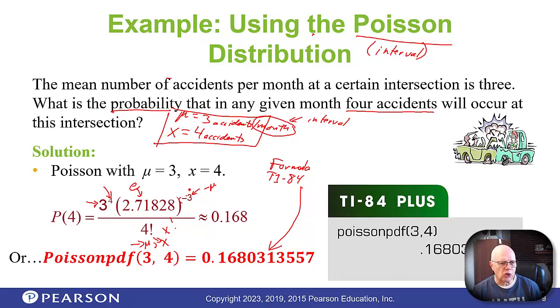And that's how it should look on your calculator. You're going to go to the distribution menu, pick out Poisson PDF, because you're talking about exactly 4 accidents, and your calculator does the rest. 0.168 and so on.